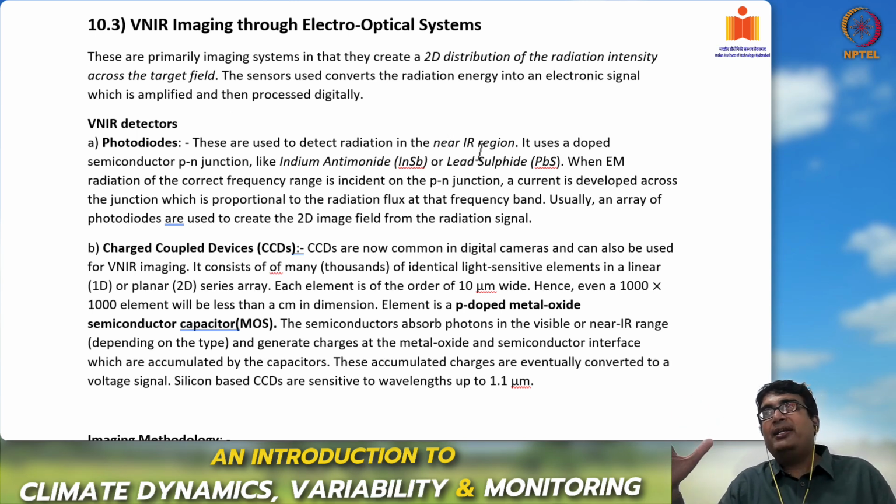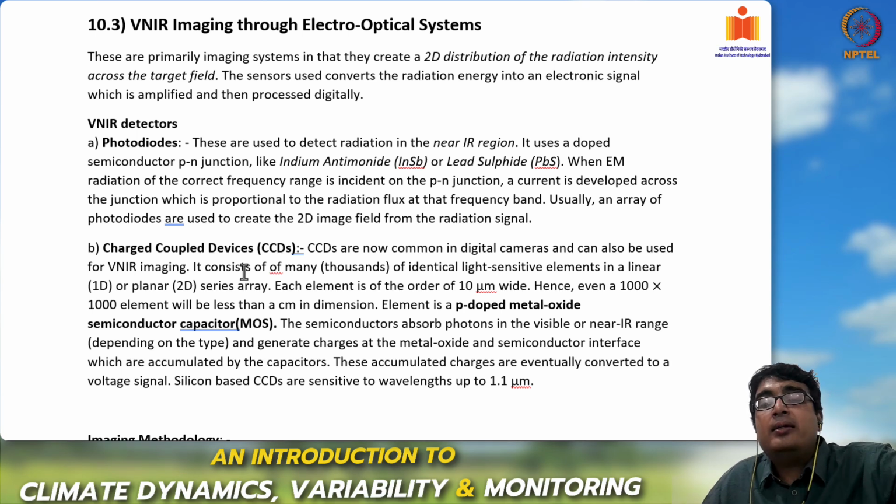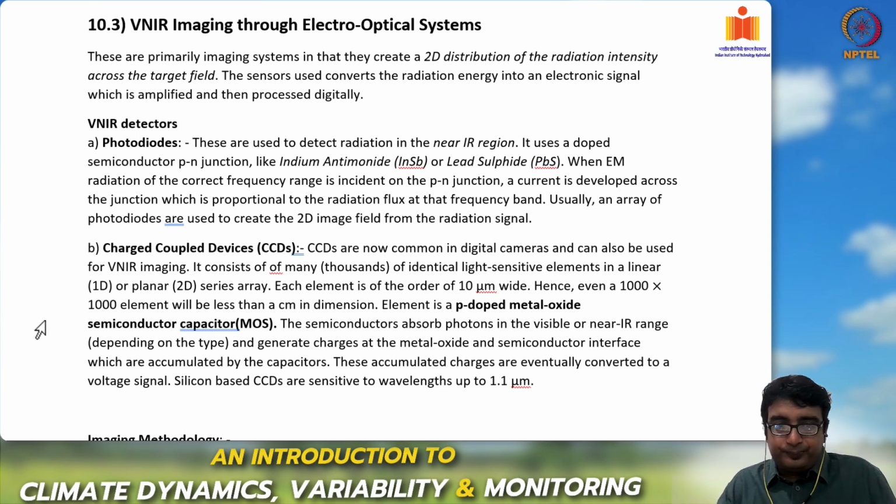After 1 micrometer to 3 micrometers, the near infrared region, you use photodiodes. In the visible region, you usually use charge coupled devices, CCDs. You can also use CCDs in the near infrared region, depending on the material that you are making the charge coupled devices from. So what are these CCDs?